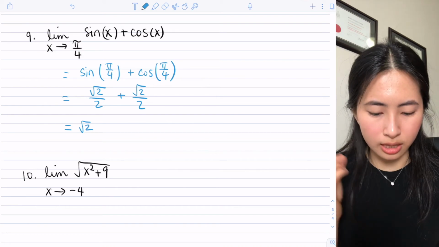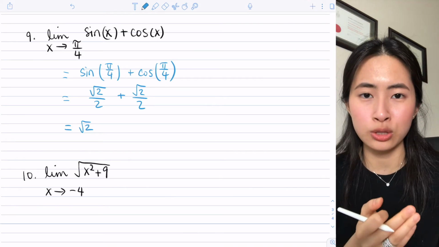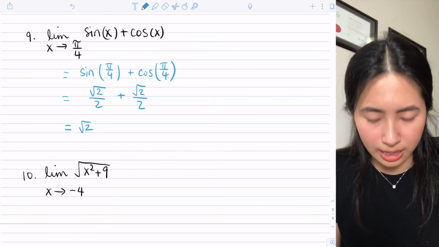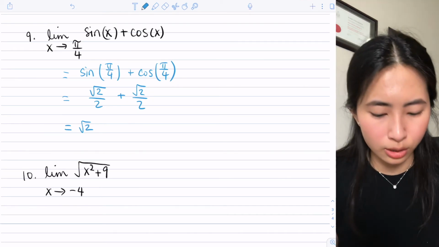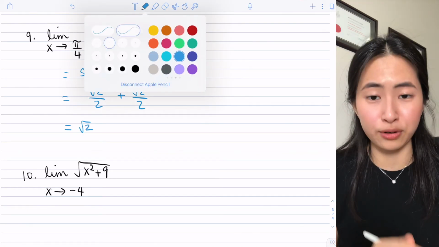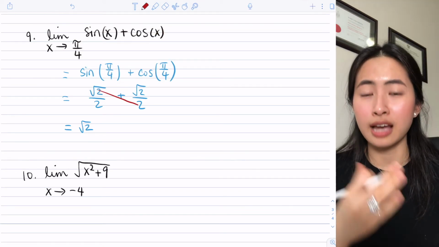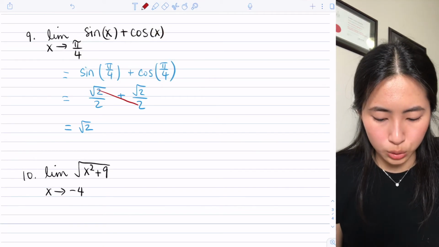And just so you know, there is a quick way to combine fractions without your calculator. What I do is use what I call the butterfly method. So I cross multiply 2 times square root of 2, which gives you 2 square root of 2.